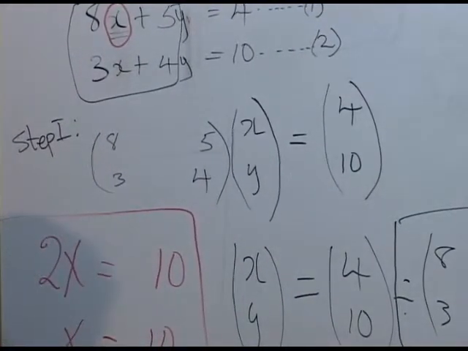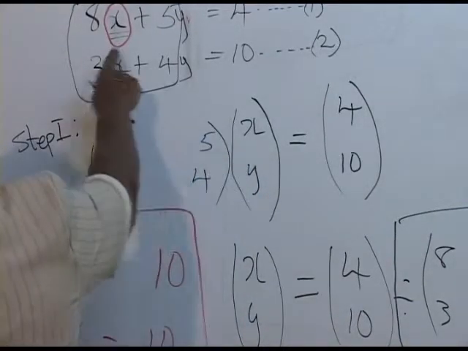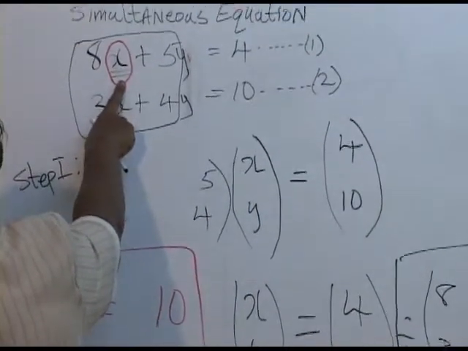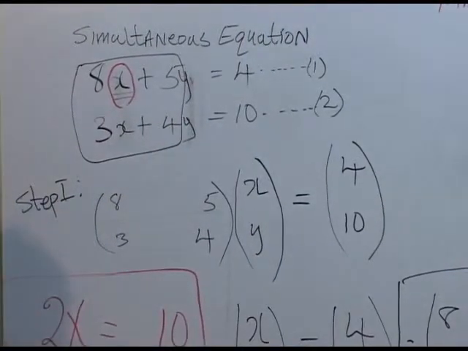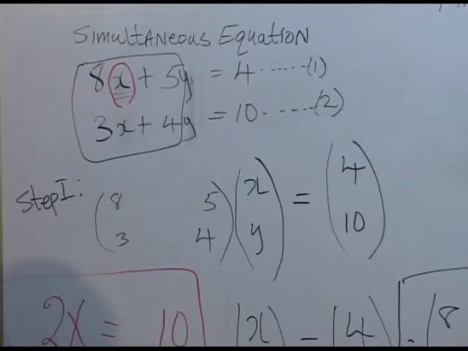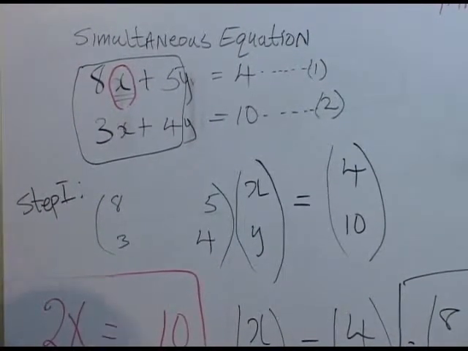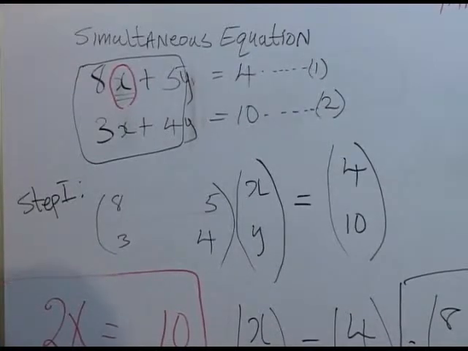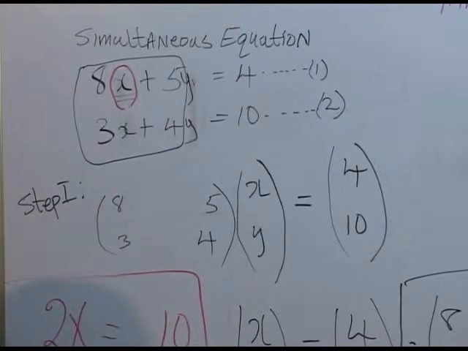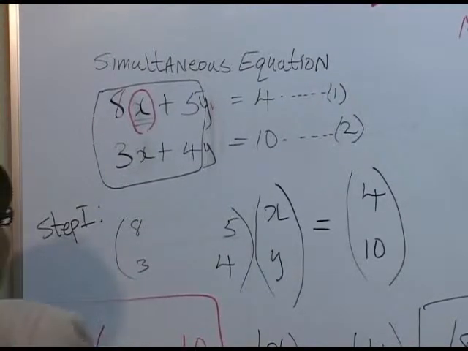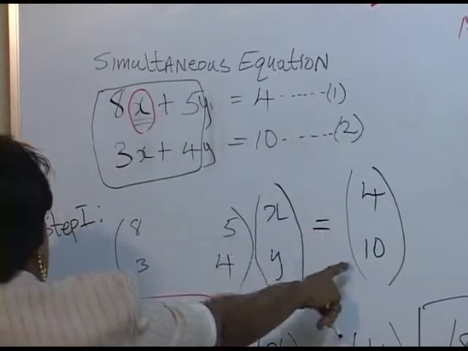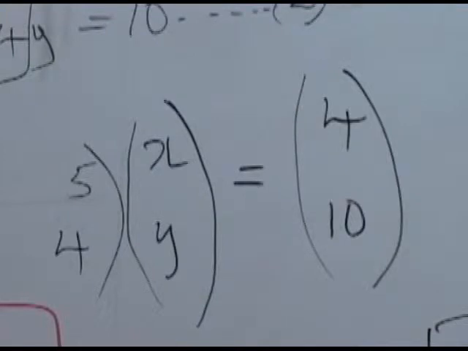The variables must be represented so they form a column matrix: the first variable in the first row, the second variable in the second row. All right? And don't forget, it's not going to be x and y all the time. Even if it's s and r, whichever variable comes first is written first, and then the second variable second. Okay? And then we also transform the constant terms into a column matrix.